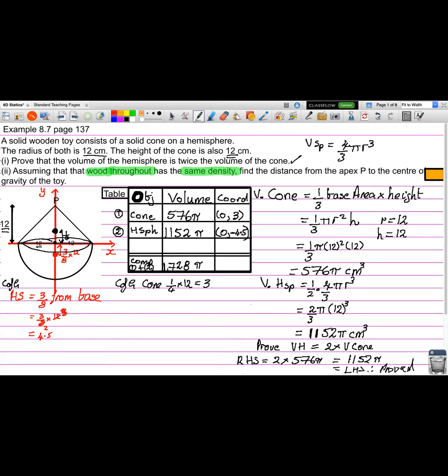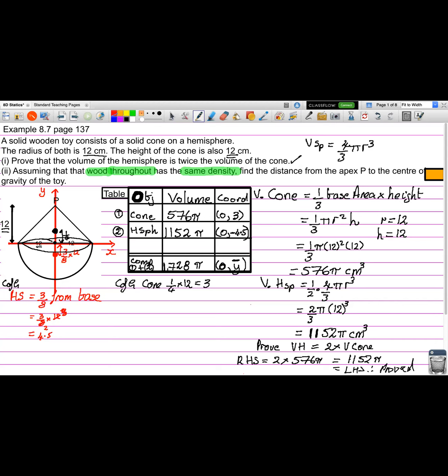Well, no one's screaming, so I'm going to assume I've got that correct. Now, because those two x coordinates are 0, we know by inspection that the coordinate for the center of gravity will also be 0. So all we have to do is work out y bar.